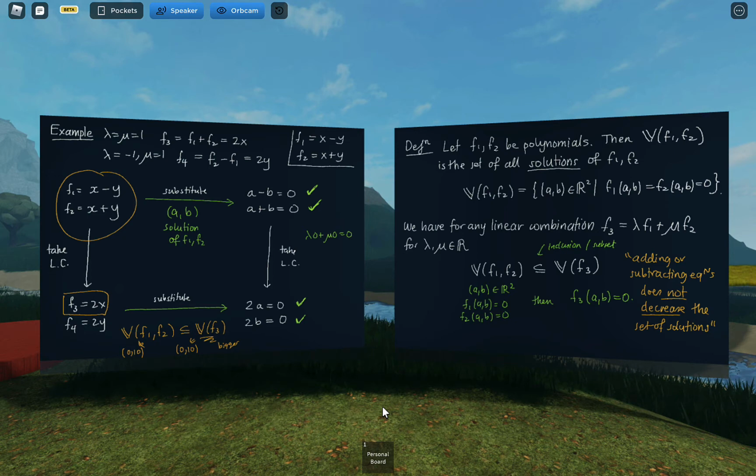F3 and F4 are easy to solve. They literally just tell us the x and y coordinate of the intersection. So we want to try and do that in general, but we have to be careful that when we form these new equations, which are hopefully easier to understand, we actually preserve the set of solutions. We'll never decrease it by what I've just said, but we may accidentally increase it unless we're careful. Okay, so what does being careful mean? And that's the next thing I want to talk about.